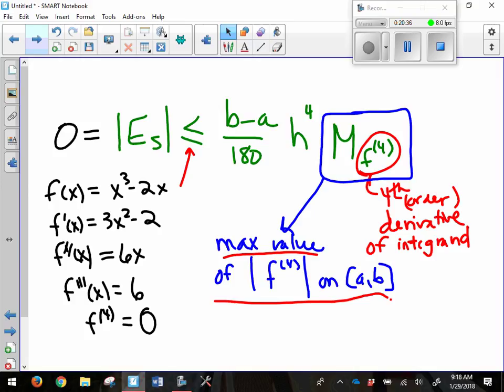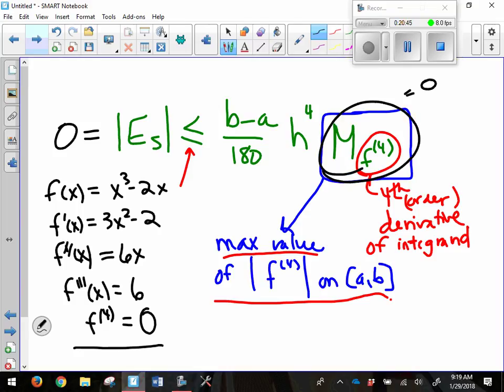So we know that the maximum value of the fourth derivative of f is going to be equal to 0 in this case, which means that my upper error bound is 0, and you can't have negative error. It doesn't work that way. It's just a difference. So this has to be 0, which means that Simpson's approximation has to give us an exact answer if what?